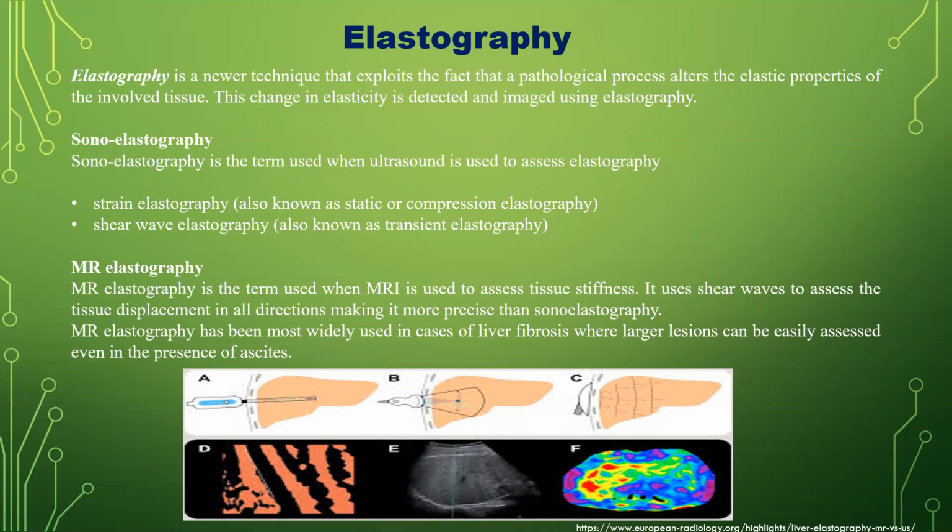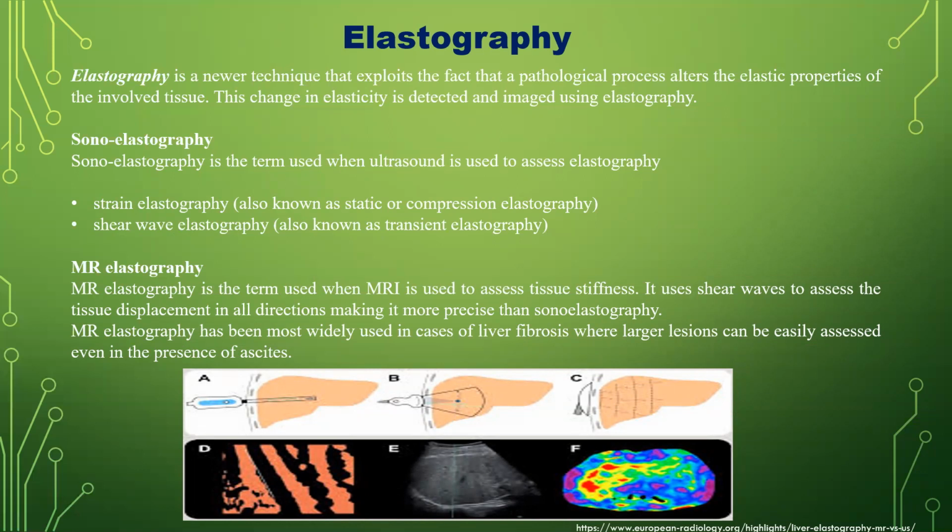Also, we can use MRI to assess elastography, depending on the skills of your technician and the presence or absence of ultrasound or MRI. The type of elastography can actually be chosen.